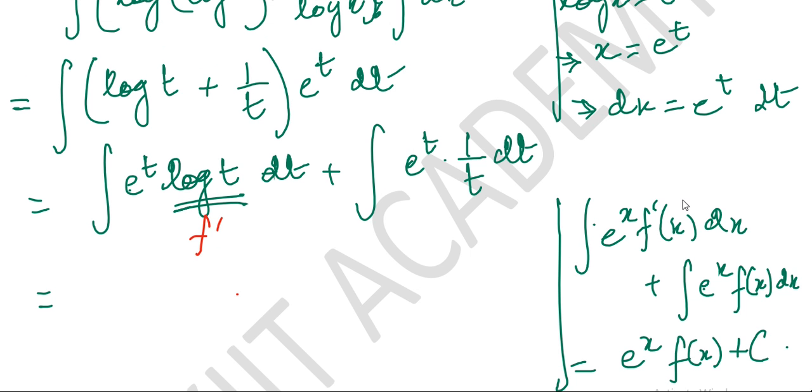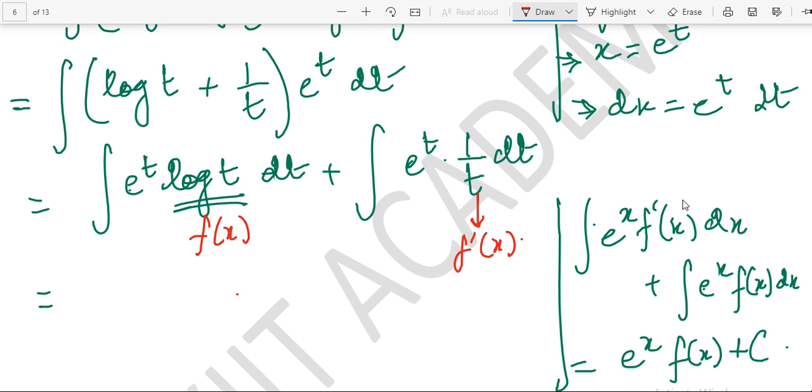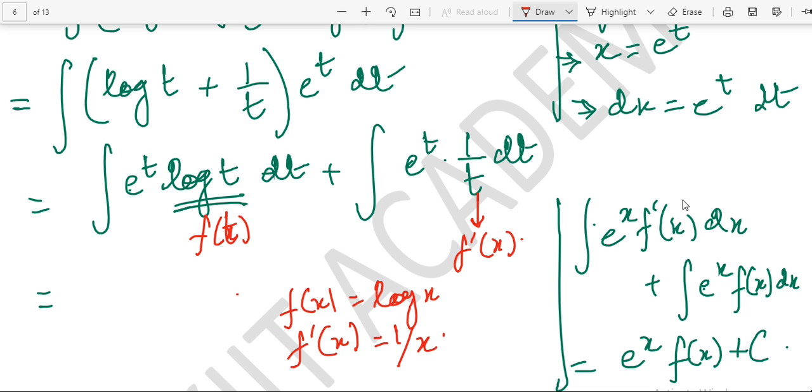This is f x and this is f prime of x. Since if f x is log x, then the derivative of log x is simply 1 by x. Here we have f t, so this is a function of t actually.